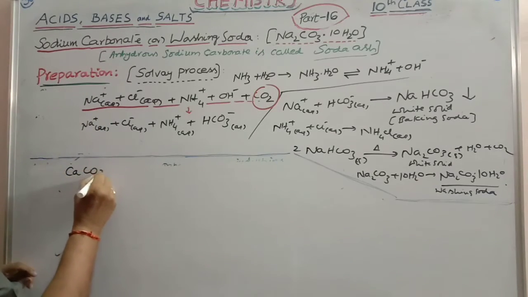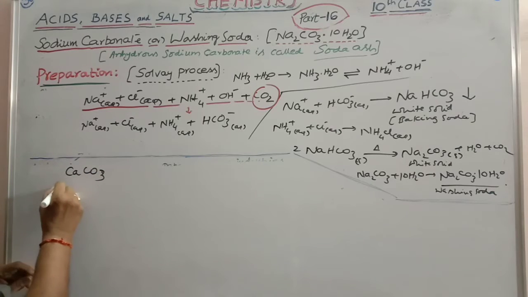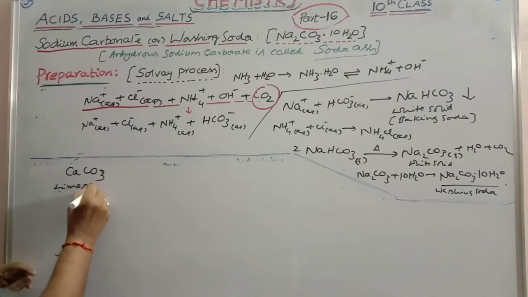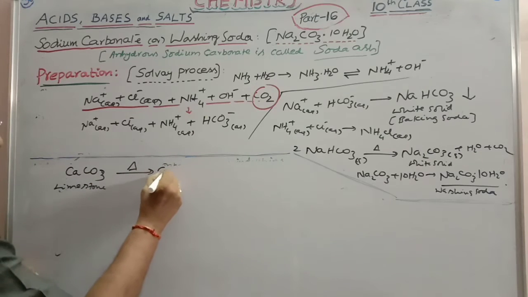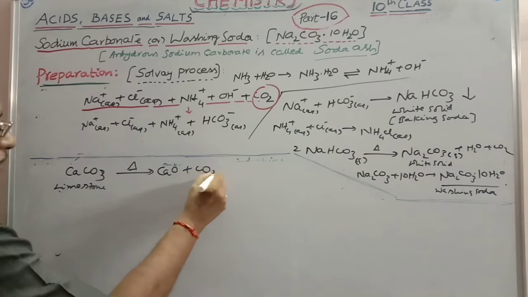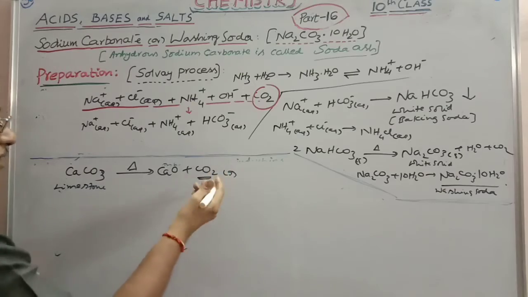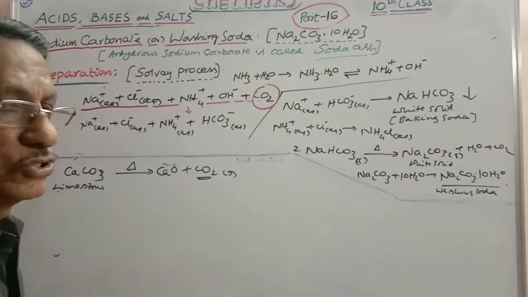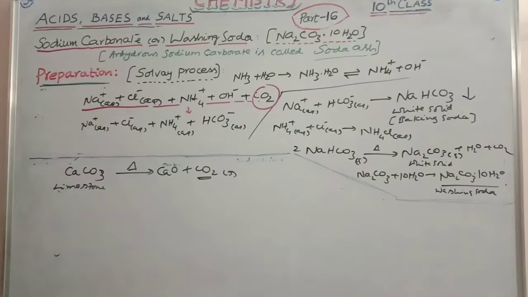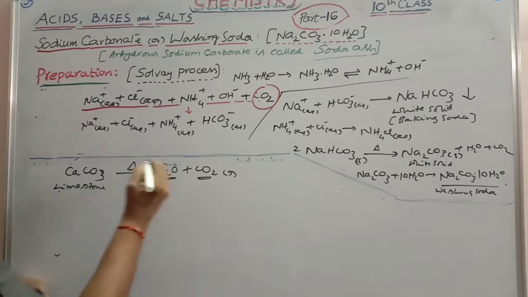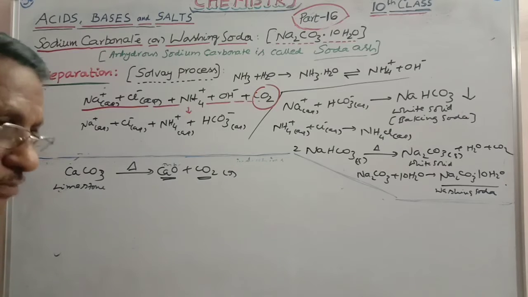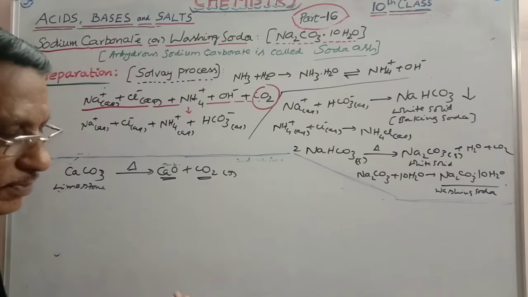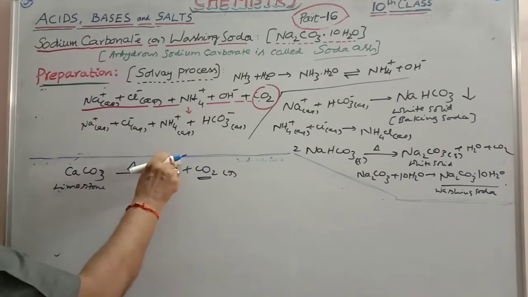Limestone is CaCO3, heating, calcination, you will get CaO plus CO2. This gas is taken here and passed into the brine solution saturated with ammonia. CaO remains here. This is quicklime, calcium oxide, can be converted into slaked lime by dropping water on it.